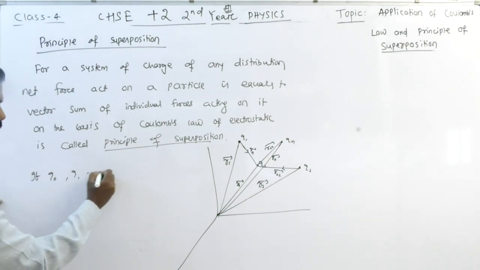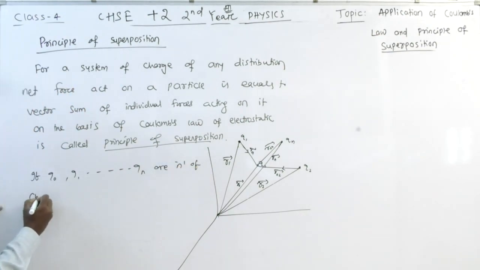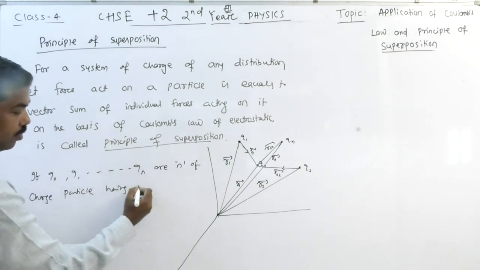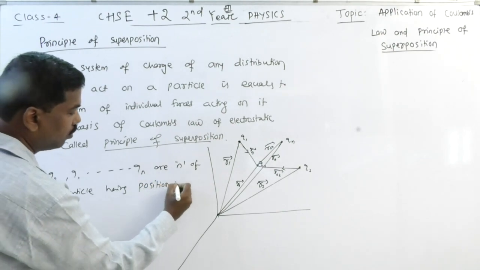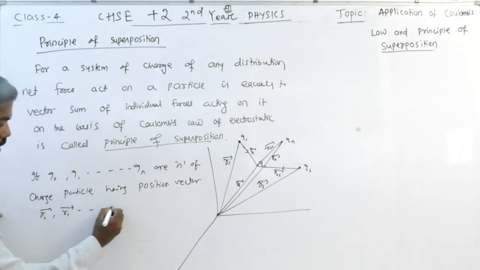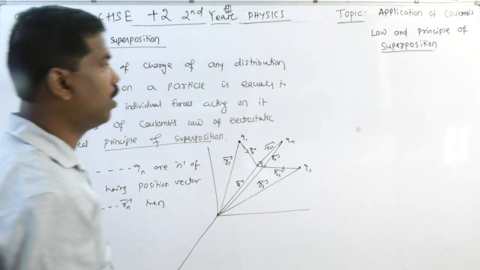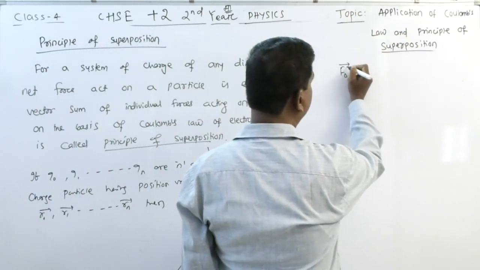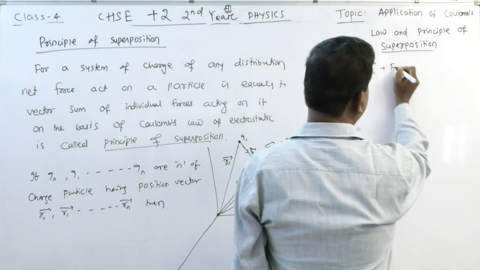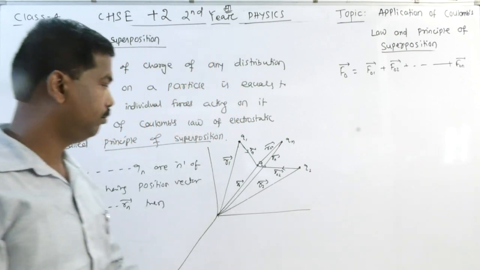If Q0, Q1, Qn are n charged particles having position vectors R0, R1, Rn, then the net force on Q0 is equal to the F01 vector plus F02 vector plus up to F0n vector. Clear?